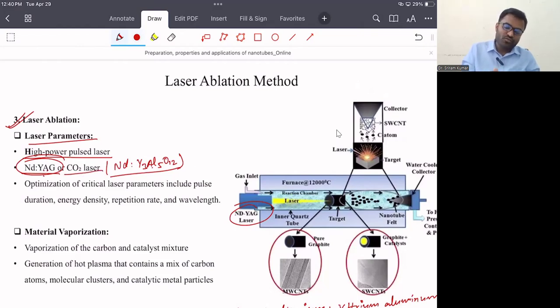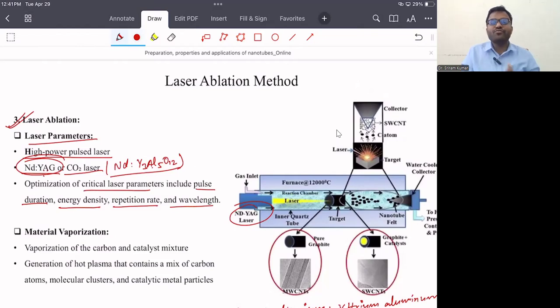We can also use an alternative, the CO2 laser. We can use either of these lasers as a high power pulse laser, and we need to optimize the critical parameters of the laser, including the pulse duration, energy density, repetition rate, and wavelength.